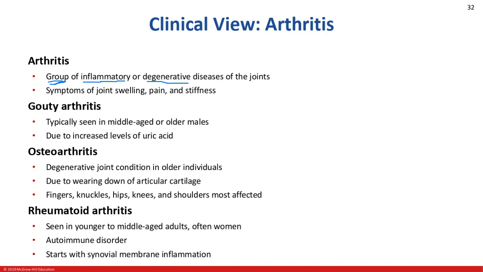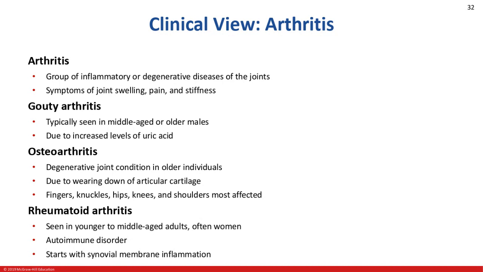Some of the symptoms associated with arthritis are obviously pain and swelling because of the inflammation. Then stiffness will result because you reduce the amount of movement in that joint because of the swelling, and it's compromised the muscle function and the nervous function. So swelling, pain, and stiffness are some of the symptoms that we'll see with arthritis.